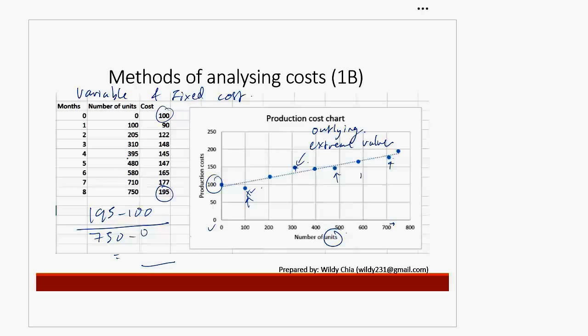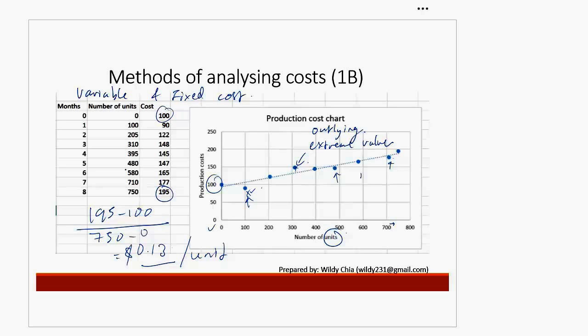That gives you your variable cost per unit. Quite simple: 195 minus 100, and then you divide that by 750. That gives you an answer of 0.13, or 13 cents, or you can say 12.7 cents.